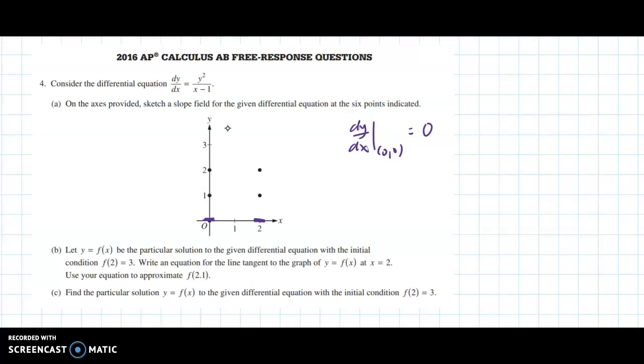Now this is 0, 1. So I'll do dy dx evaluated at 0, 1. And that's going to be 1 squared, which is 1, over 0 minus 1, negative 1. So that's the slope of negative 1. So I can draw this line as if it connects to this one over here. I can do it for dy dx evaluated at 2, 1, which is going to be this point right here.